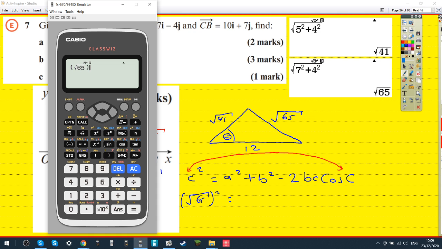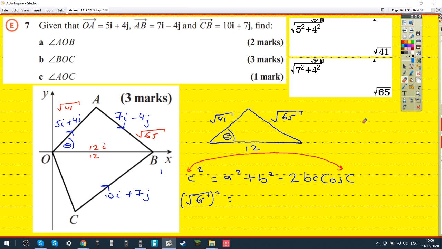Go on. Wait, isn't it minus 2ab? Or is it bc? You're right. Sorry, I'm just using the other form. AB.